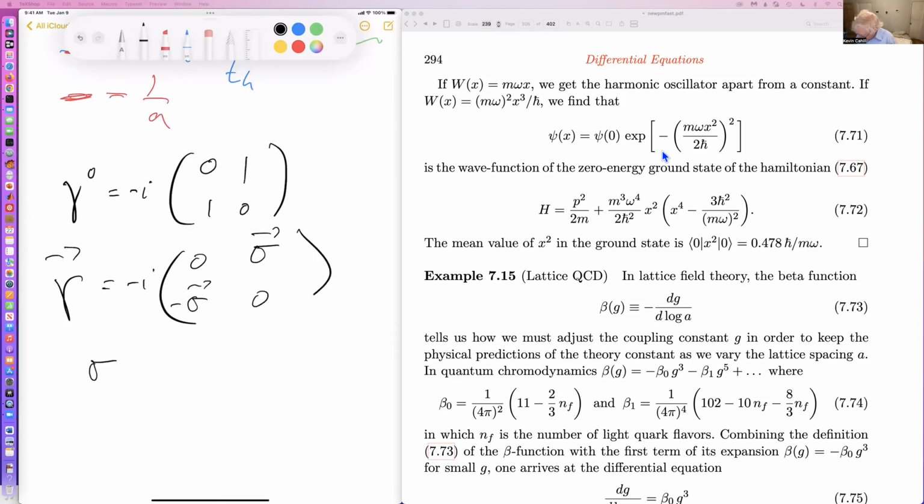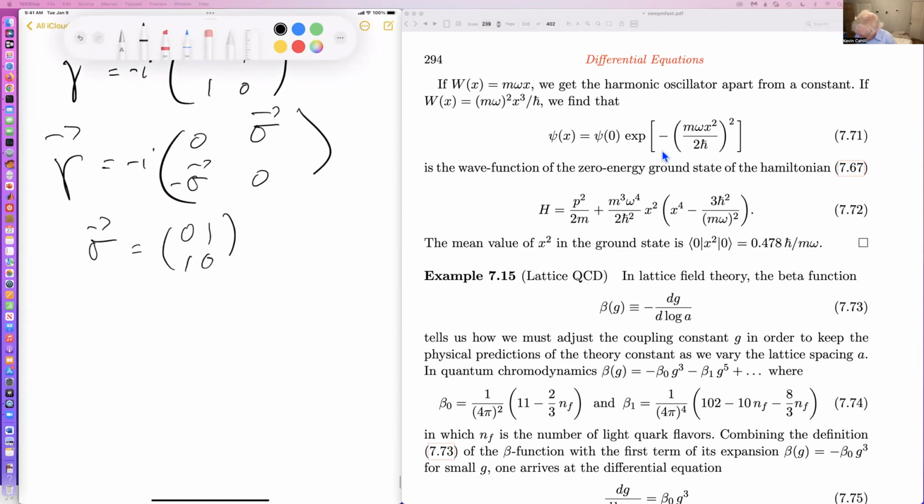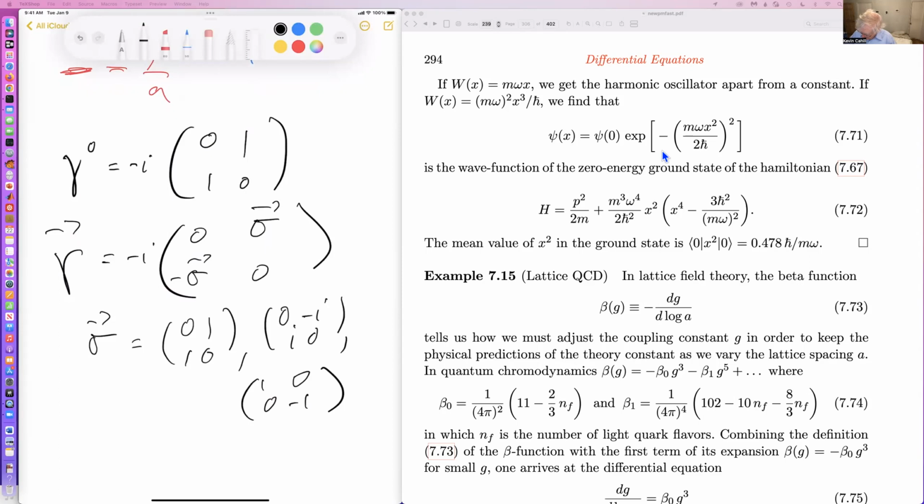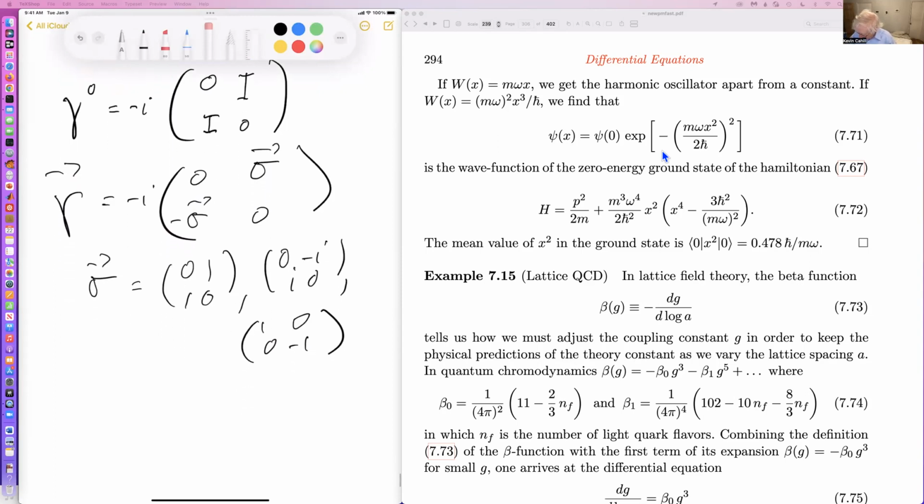The sigma are the three Pauli matrices, which are 0, 1, 1, 0, comma, 0, minus i, i, 0, and 1, 0, 0, minus 1. And here, this is actually 4 by 4, because this guy here is the 2 by 2 identity matrix. The gamma matrices are 2 by 2.